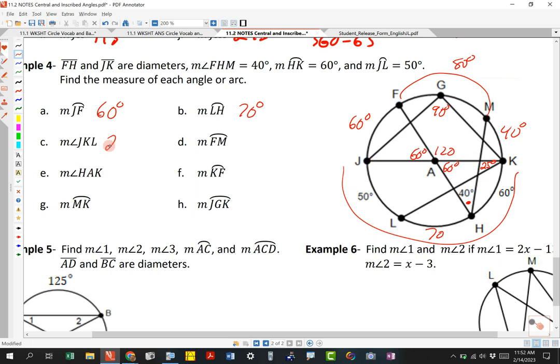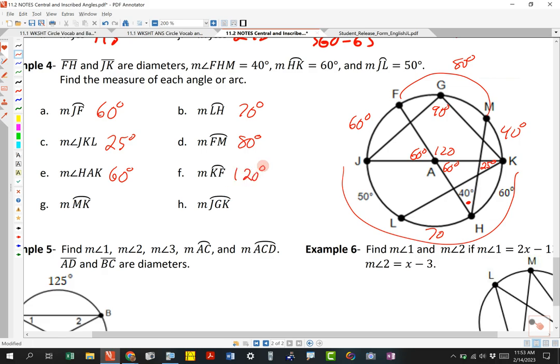Angle JKL. Got that one, 25. Arc FM. We got that one, 80. Angle HAK. Yep, 60. Arc KF. 120.